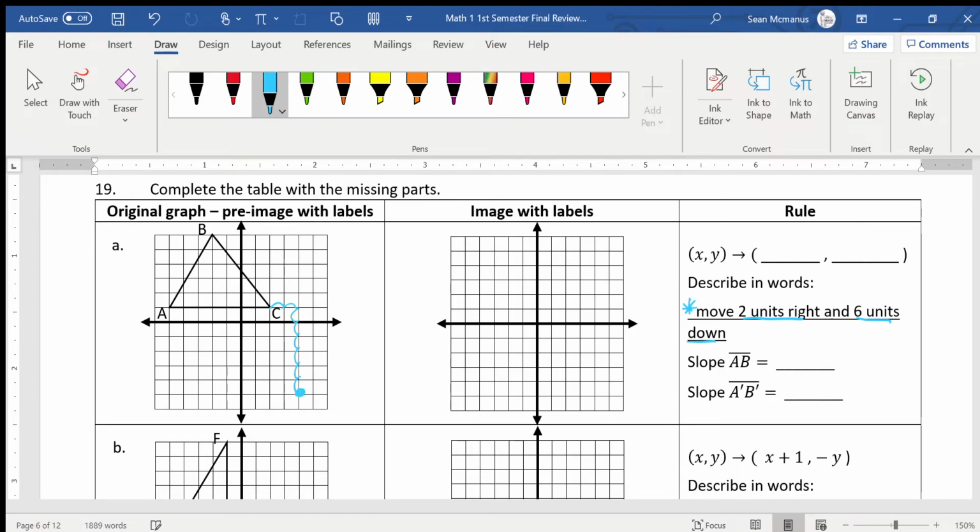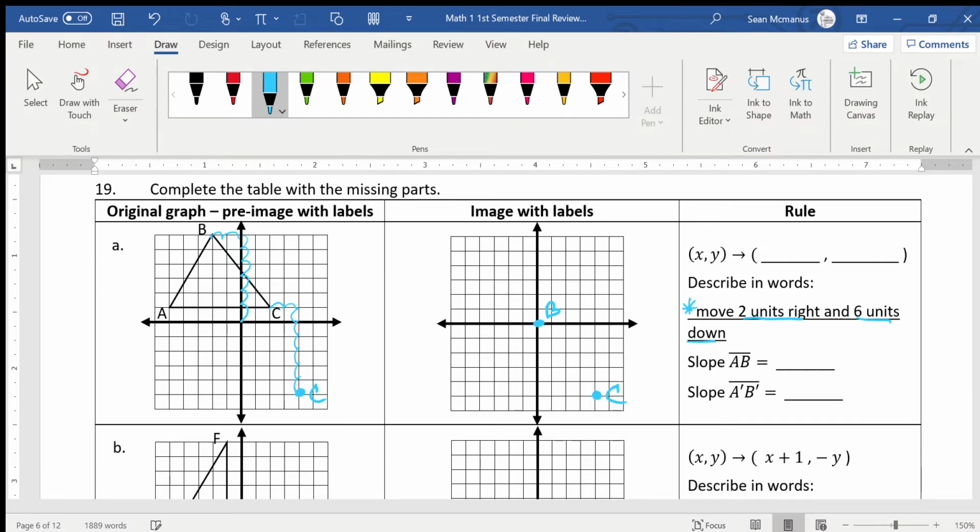All right, so C is going to end up here, which is here. And then B, same thing. We're going to go to the right 2, so 1, 2, and then down 1, 2, 3, 4, 5, 6. So that ends up actually right at the origin.